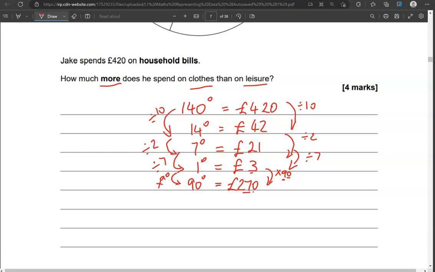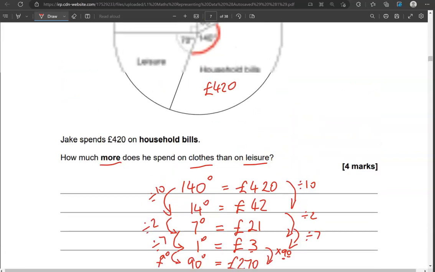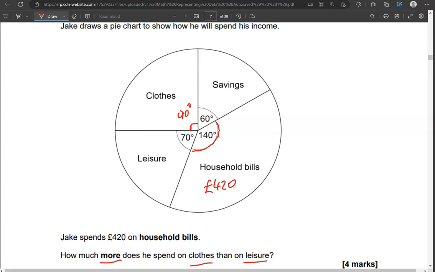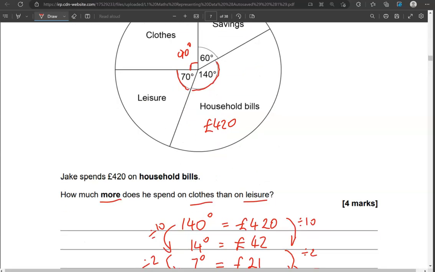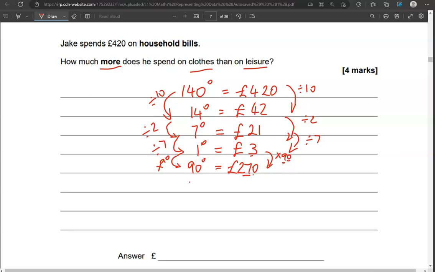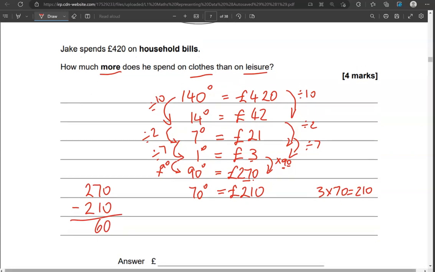So that is 270 degrees for clothes. Leisure, that is 70 degrees. So 1 times 70 gives us 70. 3 times 70 is 210. So to work out how much more he spends on clothes than on leisure, we'll do 270, take away 210, which gives us £60.